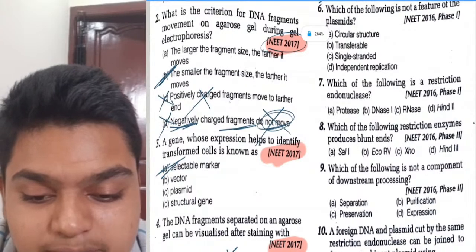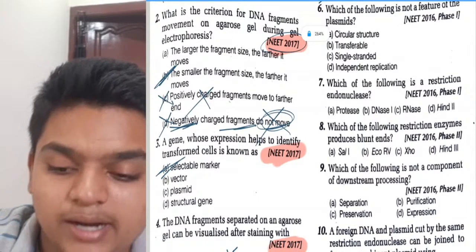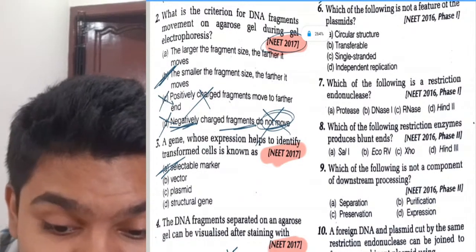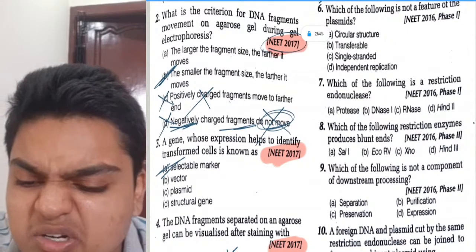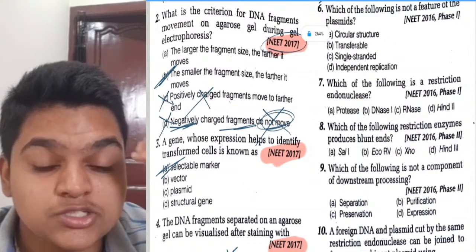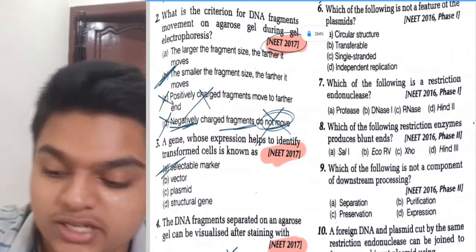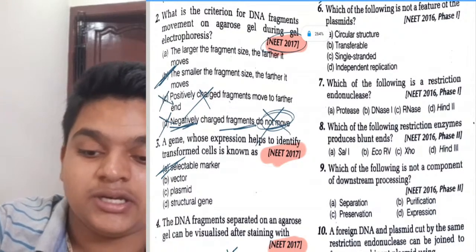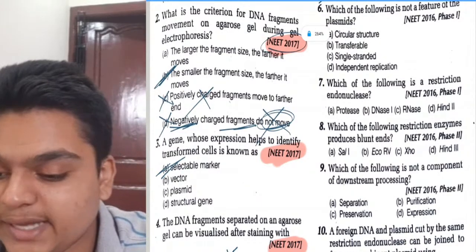Now let us move on to the seventh question of the day. That has also appeared in NEET 2016 phase 1. Which of the following is a restriction endonuclease? So easy question, so easy. Until now, the tough question would have been this Thermus aquaticus question if you haven't read the NCERT.